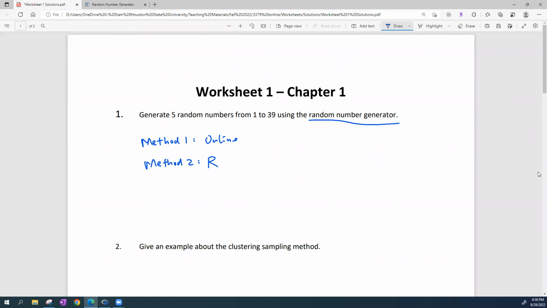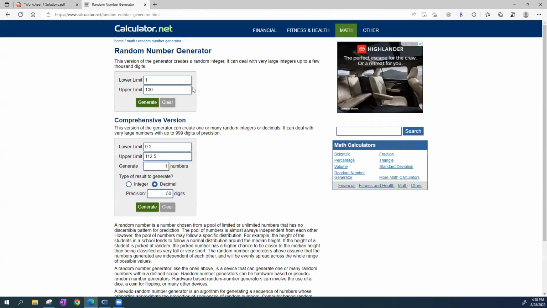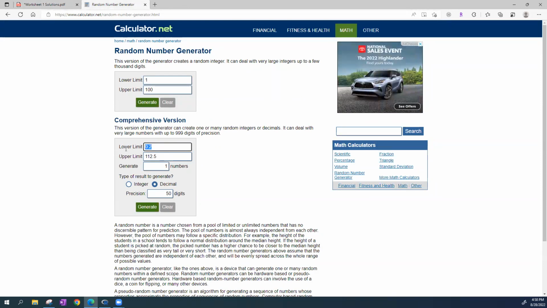If nothing is mentioned for 1 to 39, we just take it as inclusive. That means 1 and 39, those two numbers are possible as the random sample if we select from 1 to 39. So let's go to the online random number generator since we need 5 numbers.